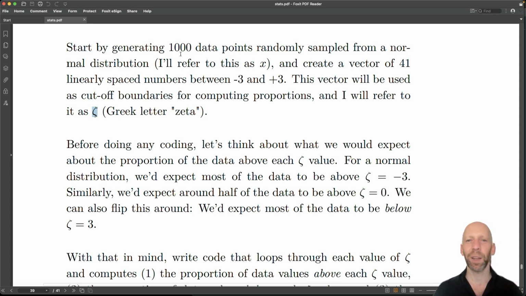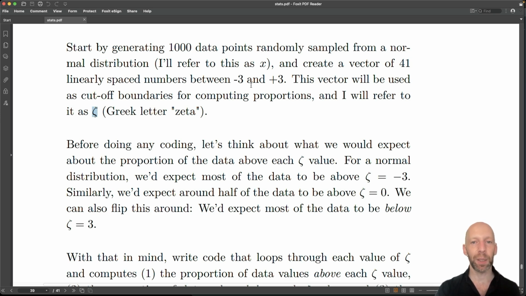Don't worry about calculating exact numbers. Just generally speaking, we would expect very, very few, if any, data points, maybe a few data points, to be less than -3. And we expect most of the data points to be above -3. Now we can think about the value of 0.